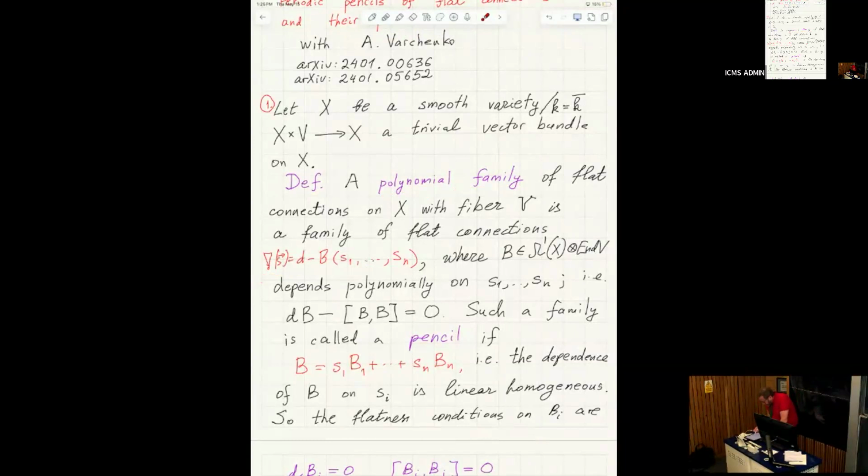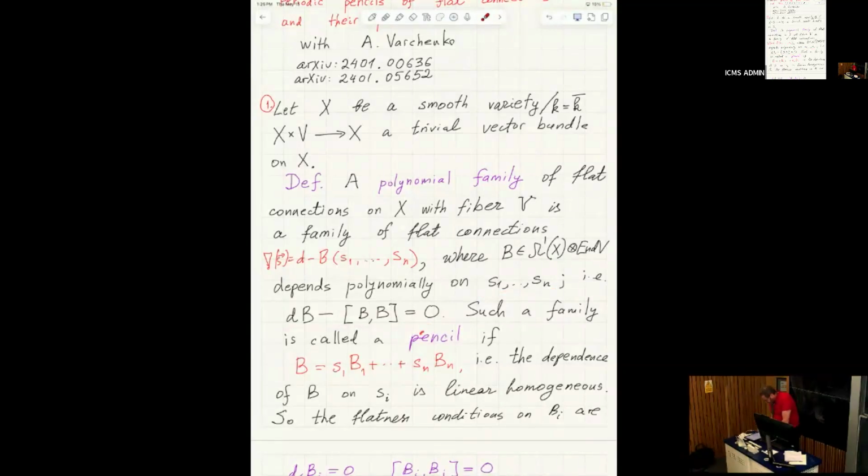And B is a one-form, as usual, with coefficients in endomorphisms of this space V, and it should depend polynomially on S1 through Sn. So flatness of this connection is just the Maurer-Cartan equation.